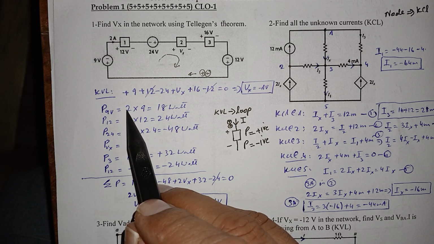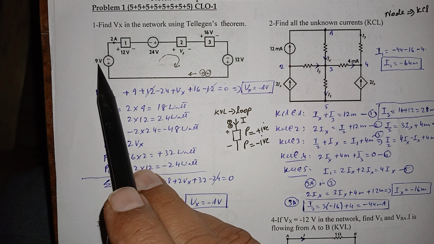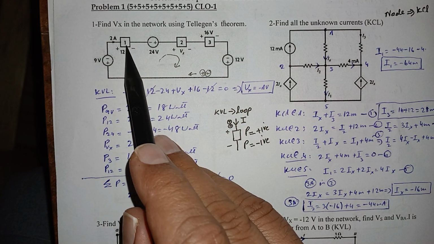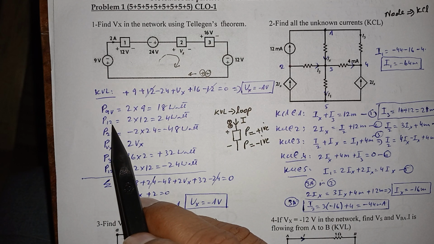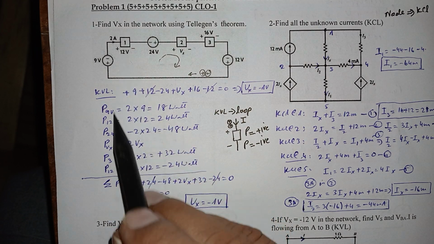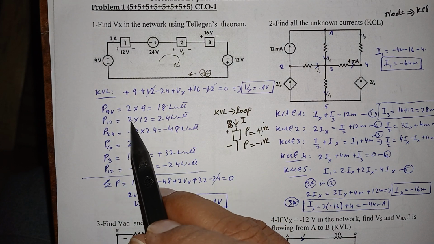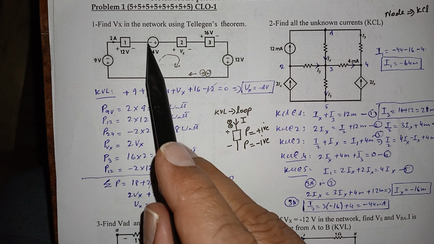I haven't mentioned it here, but you should write a positive sign for that case. And 9 multiplied by 2 is 18 watts. If you go towards the 12 volt element, the power across it would be voltage into current. So this is plus 2 into 12, which is 24 watts. So this is absorbed.